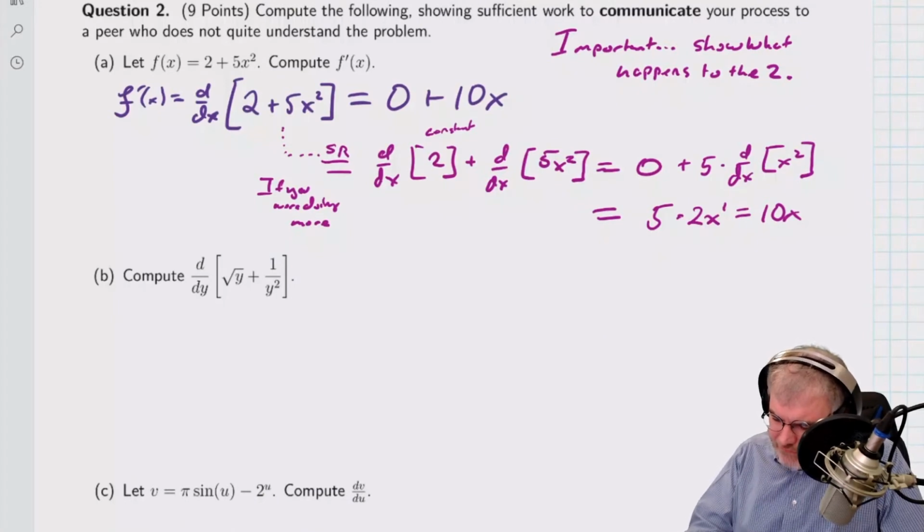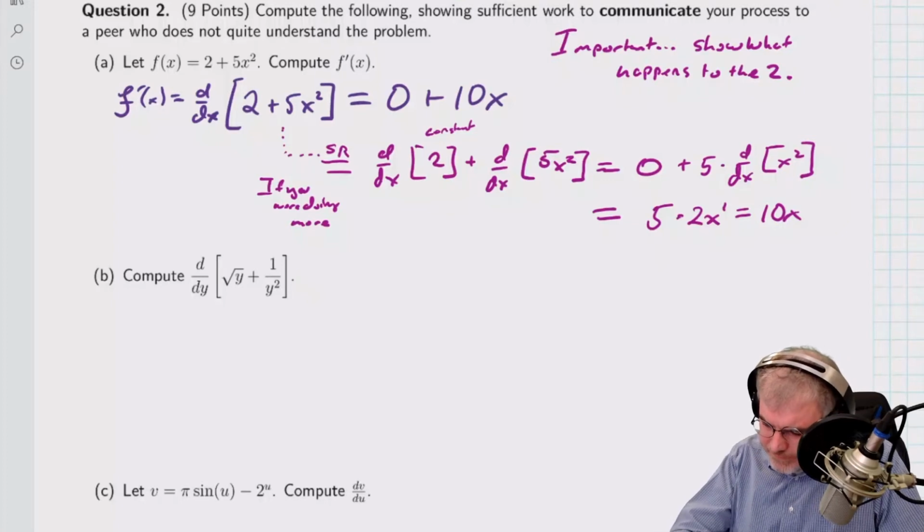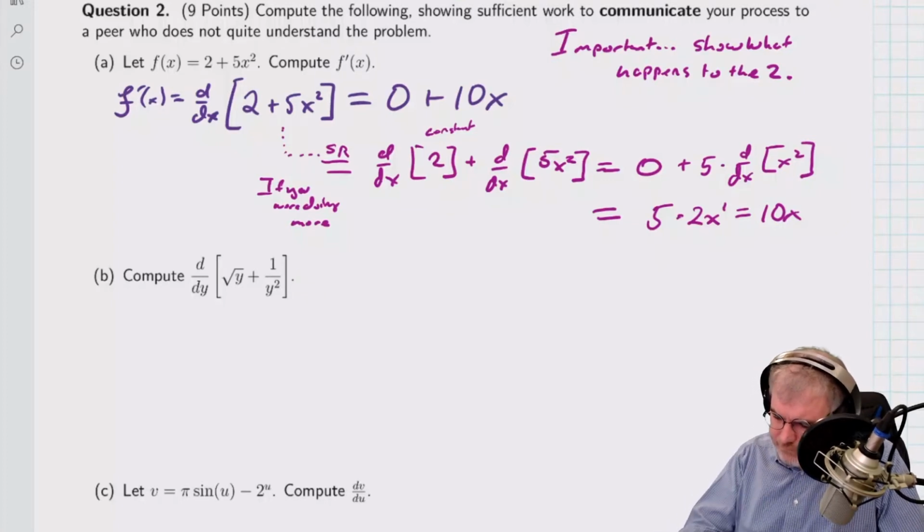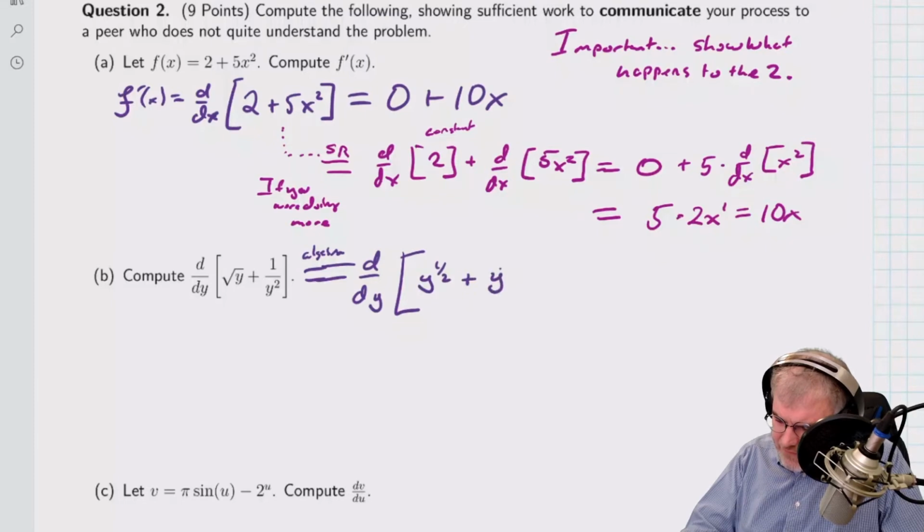D over dy of this thing. The first thing I'm going to do is a little algebra. I'm going to just leave it d over dy of y to the 1/2 plus y to the -2.